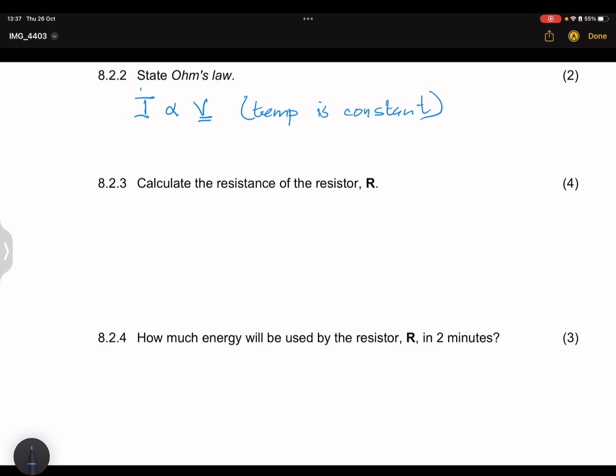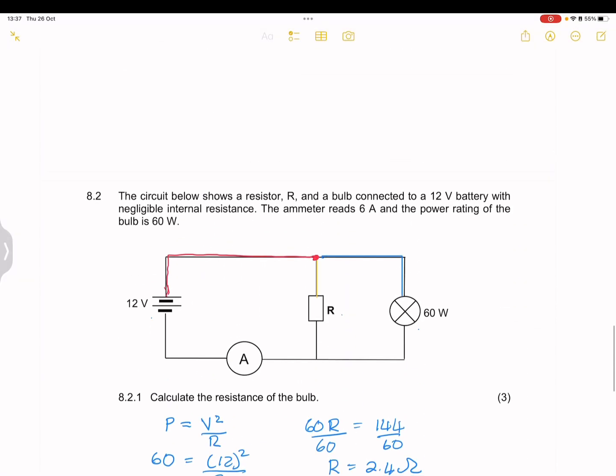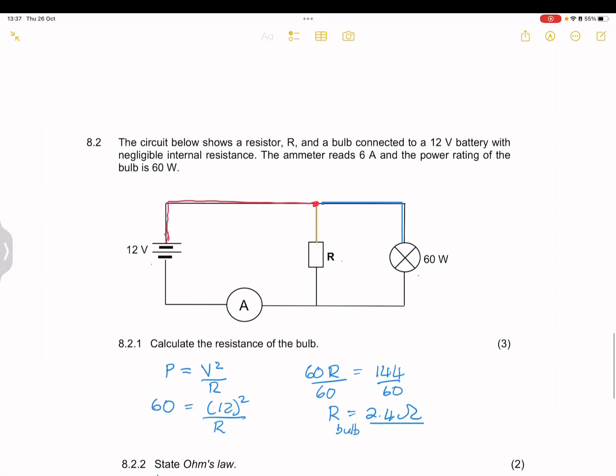So we can get R external. Or alternatively, we can do this in different ways. We already know the resistance of the bulb, so we can find out how much current is passing through that bulb.